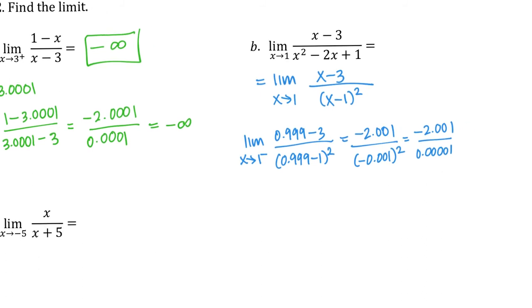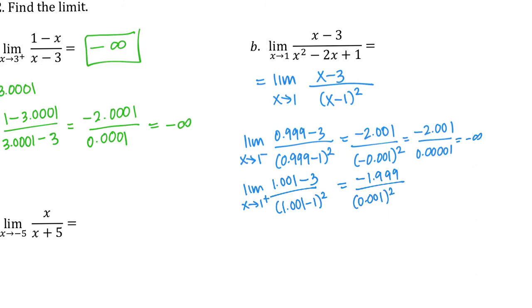Okay, now let me check it from the positive side so I can see if they converge to the same thing or if it's going to be doesn't exist. From the positive side, let's consider 1.001 over 1.001 minus 1 squared, which is negative 1.999, which is almost negative 2, over 0.001, and I square it, which is negative 1.999 over 0 point a bunch of zeros, 1.